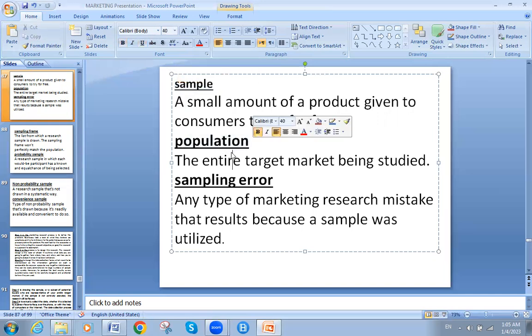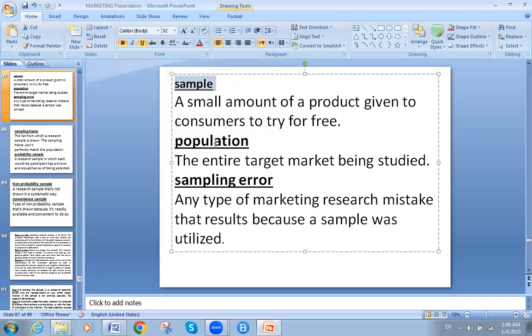The population is the whole of the people, the whole society or the whole area of your study. So if I say my population is Scarborough people, the sample is only 200 of these people.